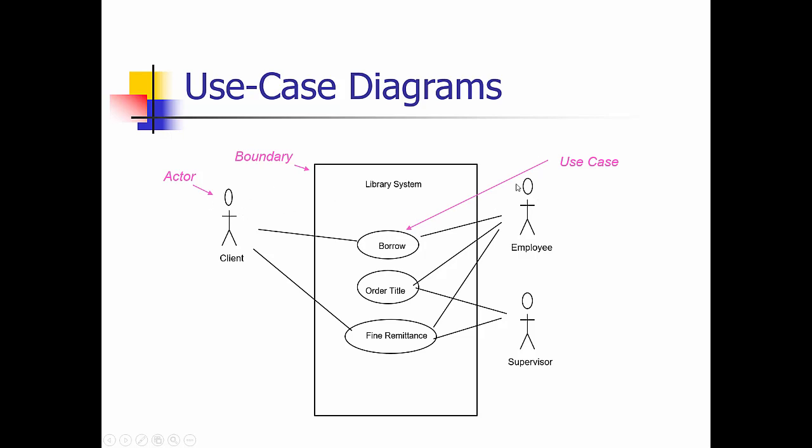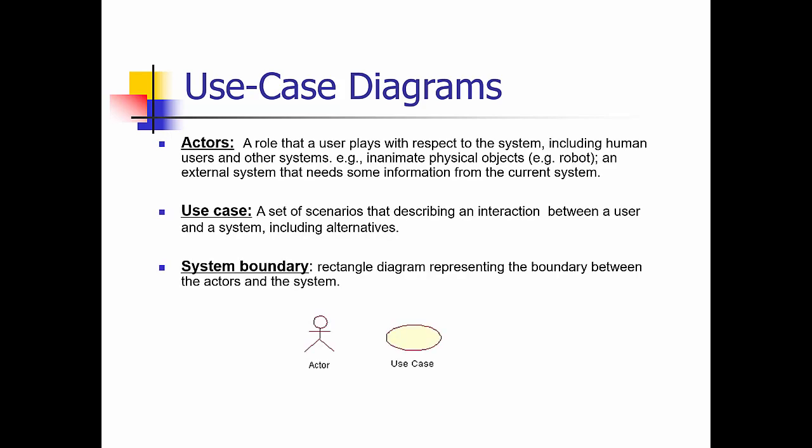Now, we mentioned the actor before, the actor notation. You can define an actor as an internal or external entity that interacts with the system. So actors are used in a use case diagram to describe the internal or external entities. And we see that on this slide. Actors, a role, not the person itself, a role that a person assumes that a user plays with respect to the system.